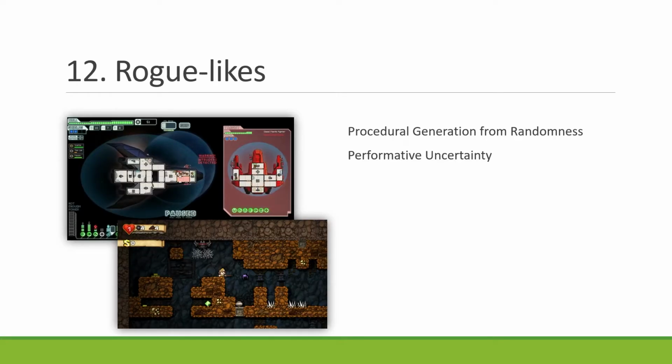Roguelikes are a good example of a game that has not just performative uncertainty and hidden information, but also kind of randomness that results in procedural generation. So it's not just that the distribution of cards in the deck is going to change, it's that the shape of the world is going to change based on a random process.